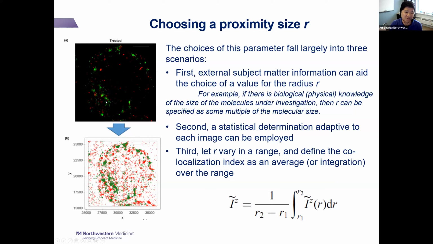But if you claim the neighborhood range is like 1 nanometer, nobody will agree. So determining the size of the neighborhood is very important. In this paper, we give 3 different suggestions for how to define the neighborhood to claim polarization.